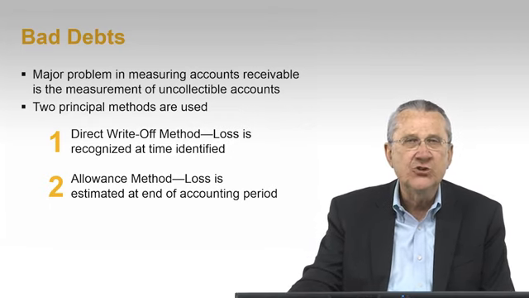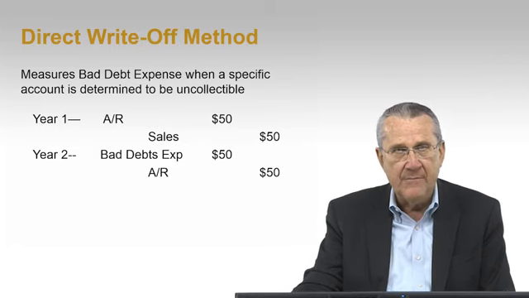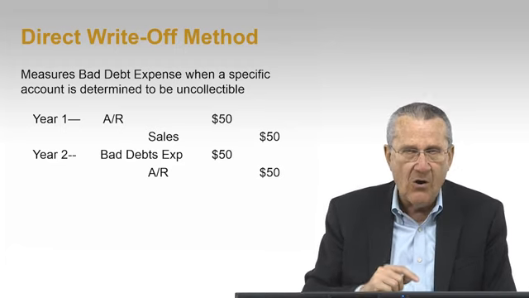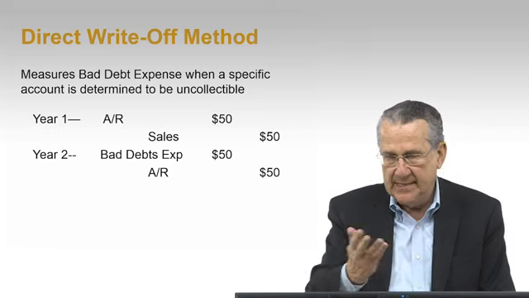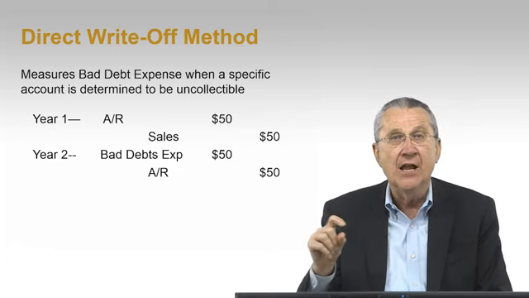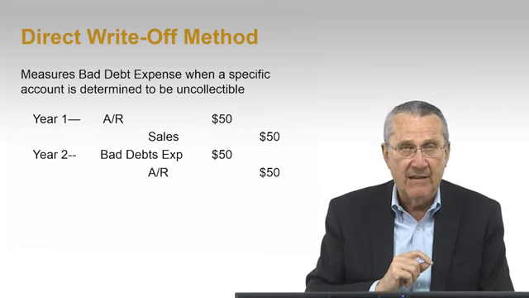Let's take a look at these two methods. The first, the direct write-off method, would recognize the bad debt expense only when it becomes apparent we aren't going to be paid. The second time your bill comes back addressee unknown, that's a hint that you may have a lot of difficulty collecting this one.